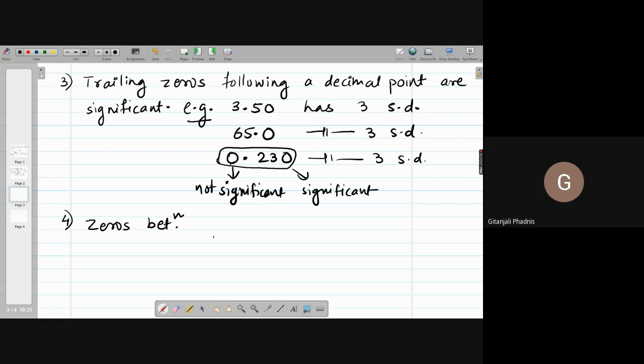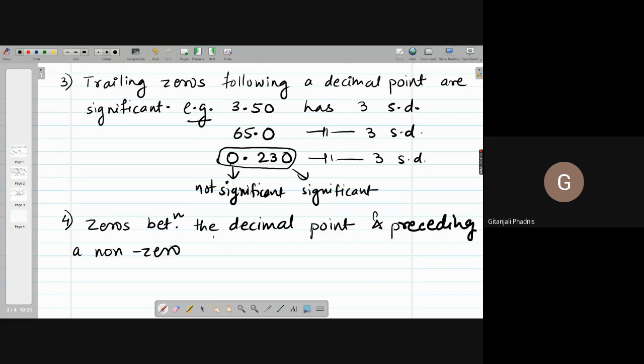It is saying that zeros between the decimal point and preceding a non-zero digit, or you can simply write zeros between the decimal point and a non-zero digit, are not significant.